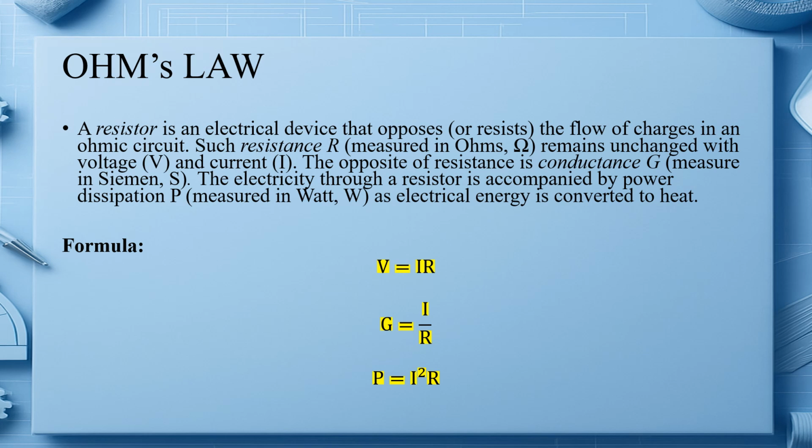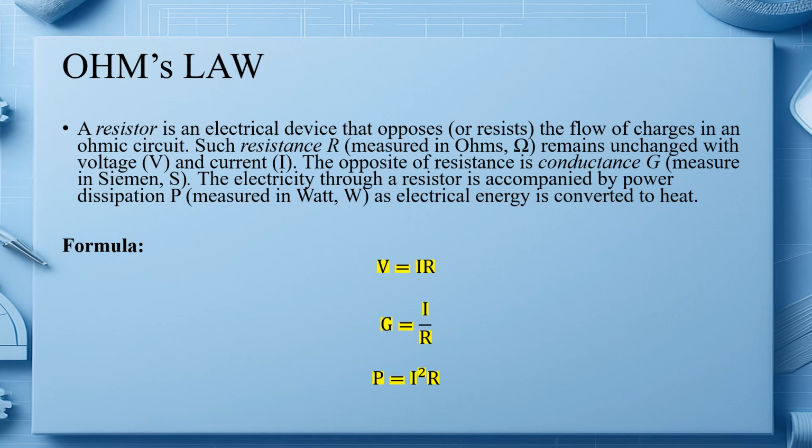The electricity through a resistor is accompanied by power dissipation P. This is measured in watts, as electrical energy is converted to heat. From work, energy and power, we have power equal to work over time.